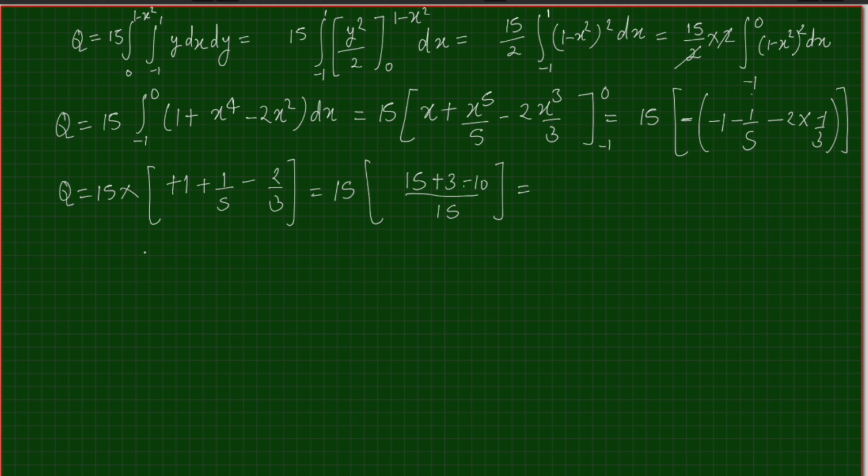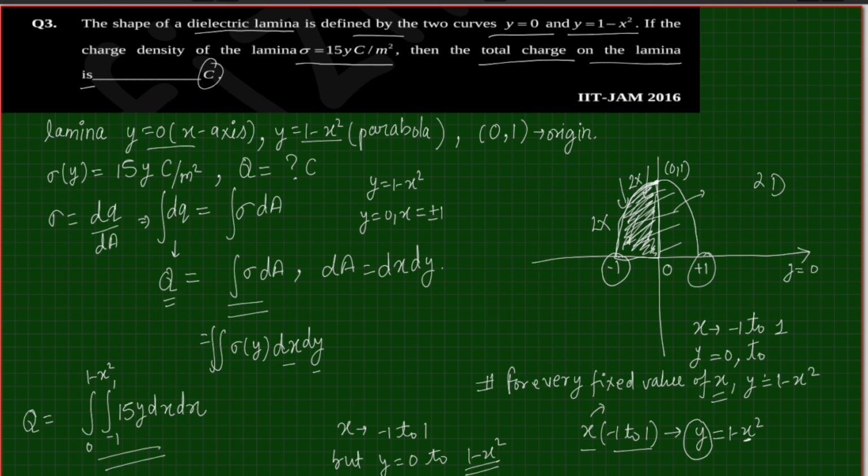So this will become 15 multiplied by 18 divided by 15 minus 10. 15 will cancel out, and 18 minus 10 will become 8. So Q will be 8 Coulomb. Okay, so 8 will be the answer.